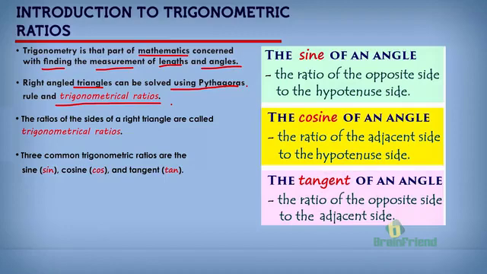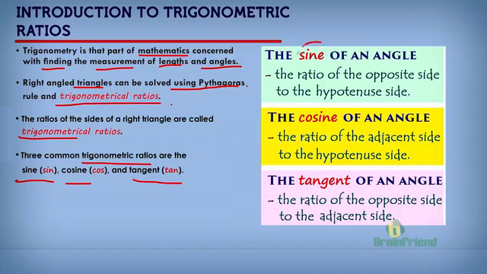The ratios of the sides of a right angle triangle are called trigonometric ratios. The common trigonometric ratios are sine, cosine, and tangent. For short, we write that as SIN for sine, COS for cosine, and TAN for tangent.